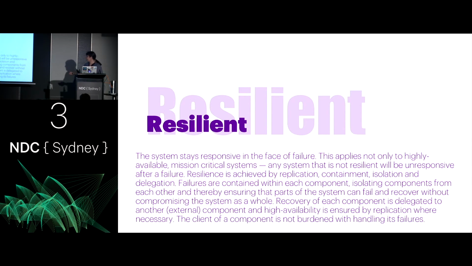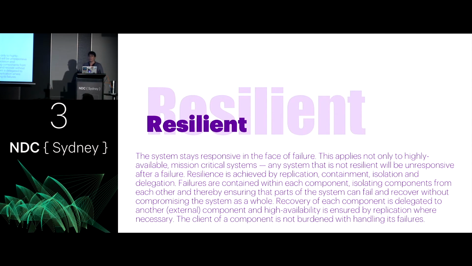The next step is resilient. So resilient, as it says, the system should stay responsive in the face of failure. One of the major tenets and points of Erlang is that it's self-healing. It can work with itself, know what sort of errors are happening, and try to fix itself. This obviously is very important, especially to highly available mission-critical systems, but also to anything.